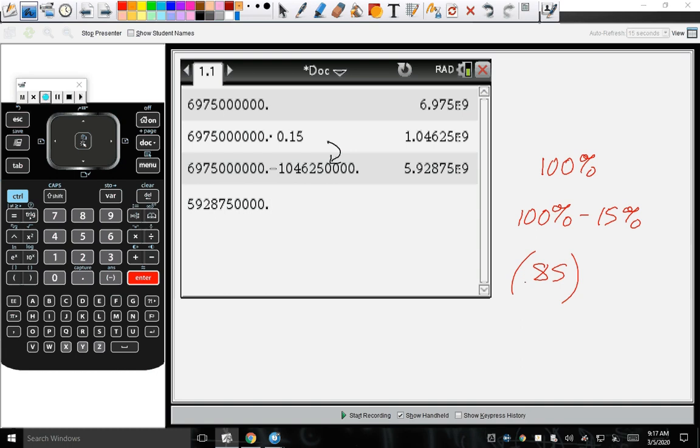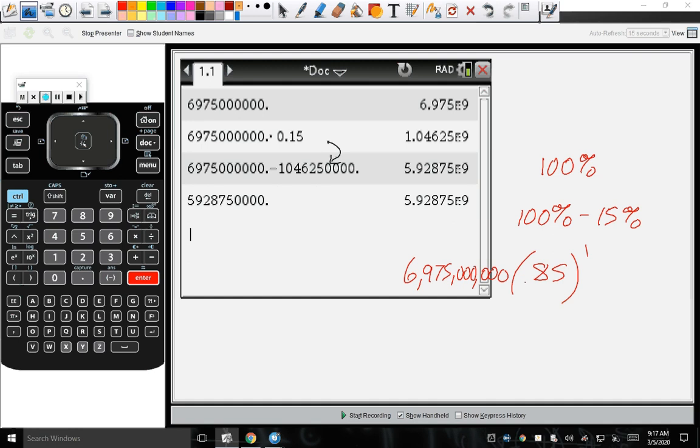So in our equation, we're going to start with 6,975,000,000. But instead of multiplying it by 3 to triple, we're going to multiply it by a number between 0 and 1, which shows a 15% decrease. You with me? So if I did this for day 1, look at what it gives us.